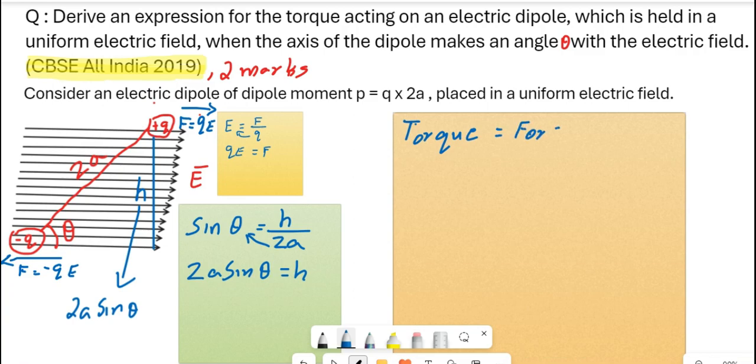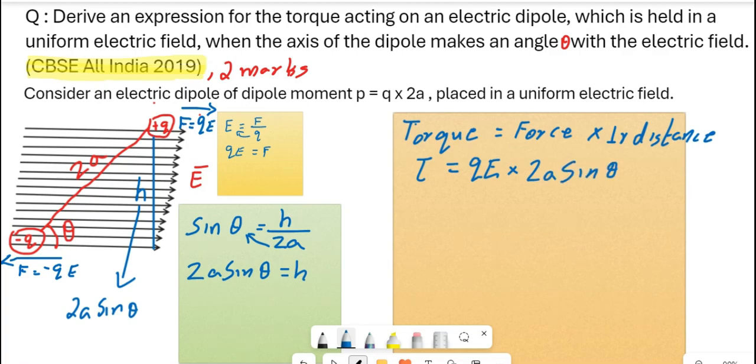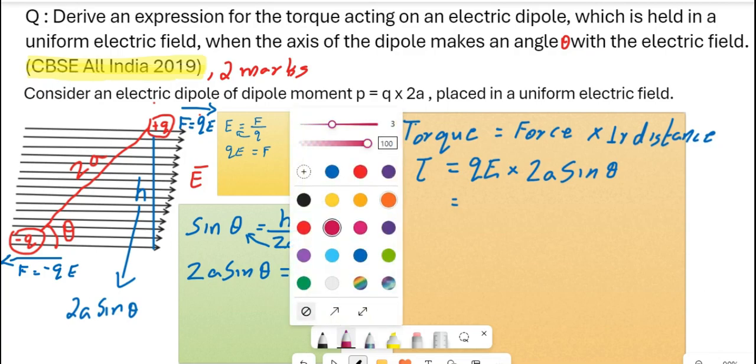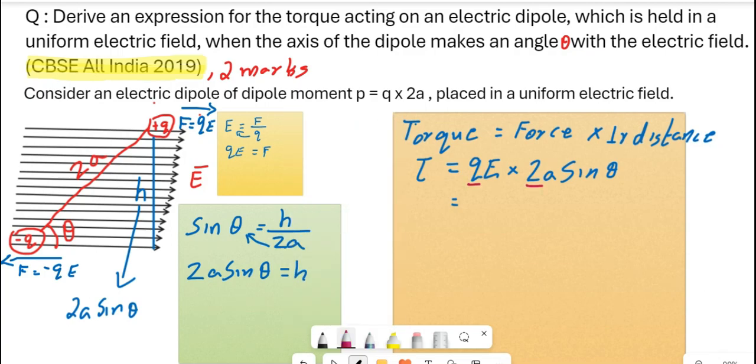So here is the equation for torque now. Torque is equal to force into perpendicular distance. I am writing the equation first, then I will replace the words with the symbols. The symbol for torque is tau, and the force we already defined, F is equal to QE, and the perpendicular distance we also defined, 2A sine theta, correct? So I completed my part. Now what I do next is identify the electric dipole moment here.